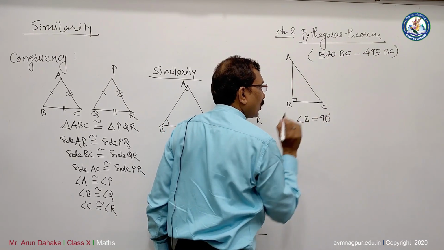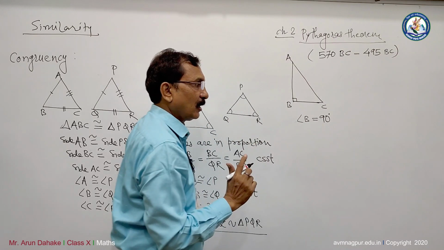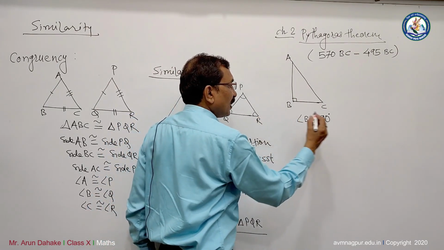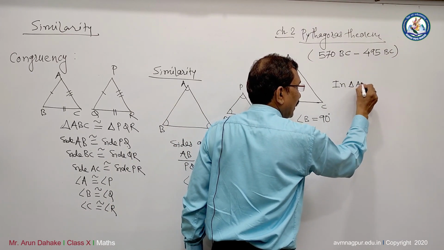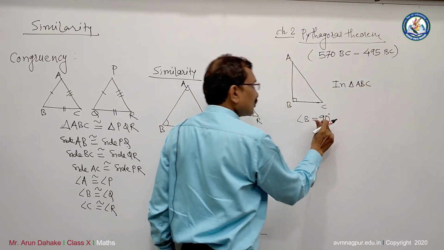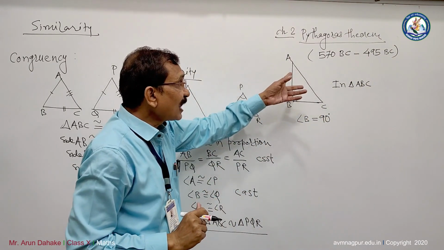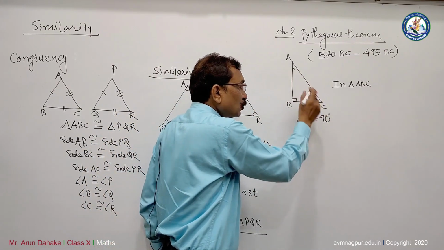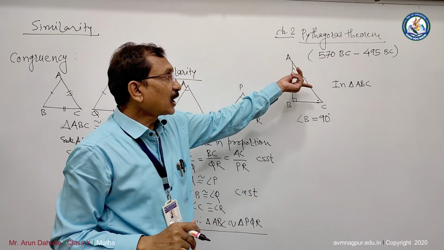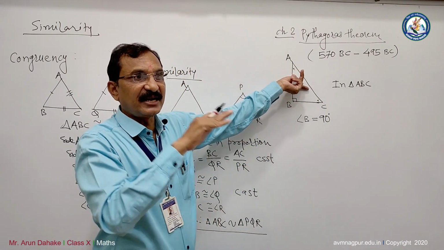This is the important part here. So in triangle ABC, one angle is 90 degrees. Then what about the remaining 2 angles? These 2 will be acute angles, less than 90 degrees.